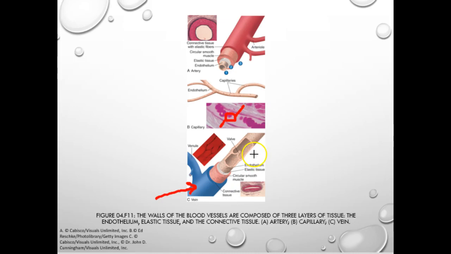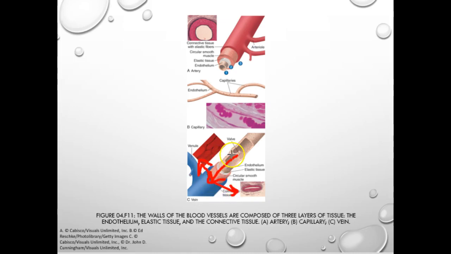The other main difference I want you to make note of is that veins have valves in them. And these valves, much like the heart, help promote a one-way direction of blood so we don't have a backflow into the venous system. When we have a backflow, we get varicose veins, because that backflow will pool back into the veins, and the veins stretch and get distended, causing varicose veins.